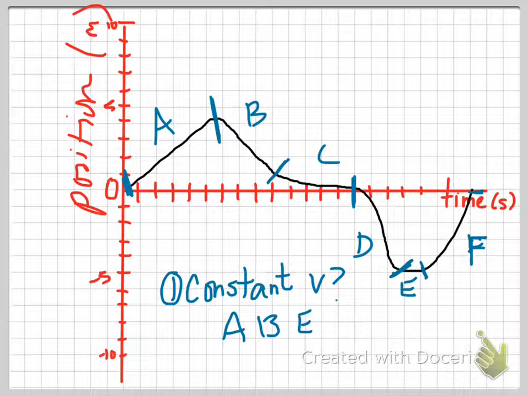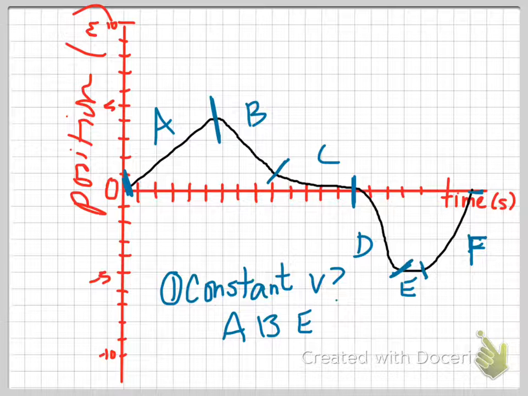Anybody else see any other segments where you would argue that the velocity is constant? Yes, ma'am. You would argue F. Okay. I would mostly buy your argument, especially before I messed around with it.